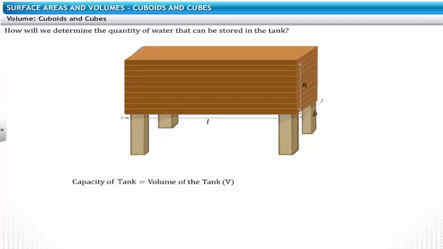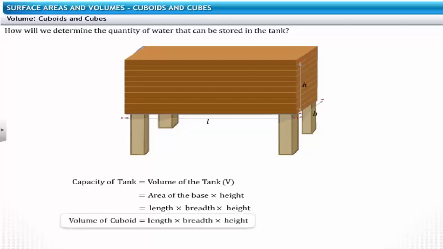The height of the tank can be represented as H, and the area of one rectangular sheet represents the area of its base. Therefore, the volume of the tank can be represented as length multiplied by breadth multiplied by height. As the tank is cuboid in shape, we can generalize this formula for the volume of a cuboid.